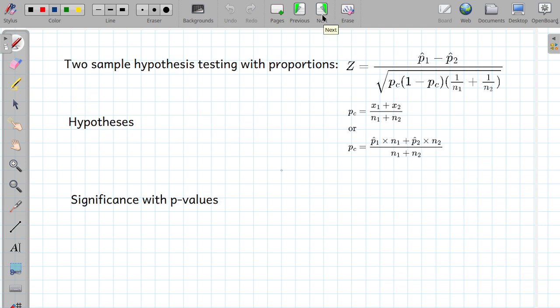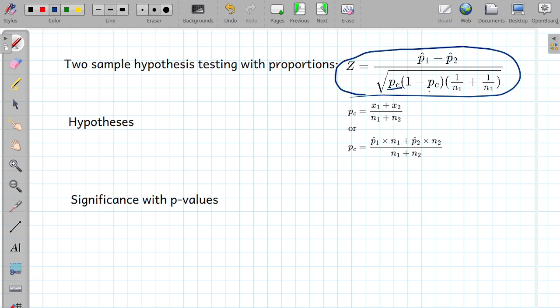Okay, let's talk about two-sample hypothesis testing using proportions. So the formula we need is this bad boy right here. As always, for two-sample tests, the numerator is simply the difference between the two measured or calculated proportions. The denominator is the standard error, and it has a complicating factor, and you'll notice that we have P_C here.